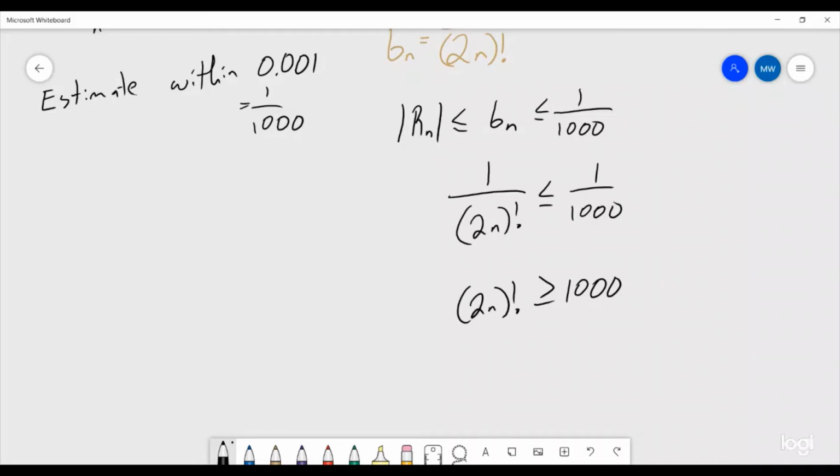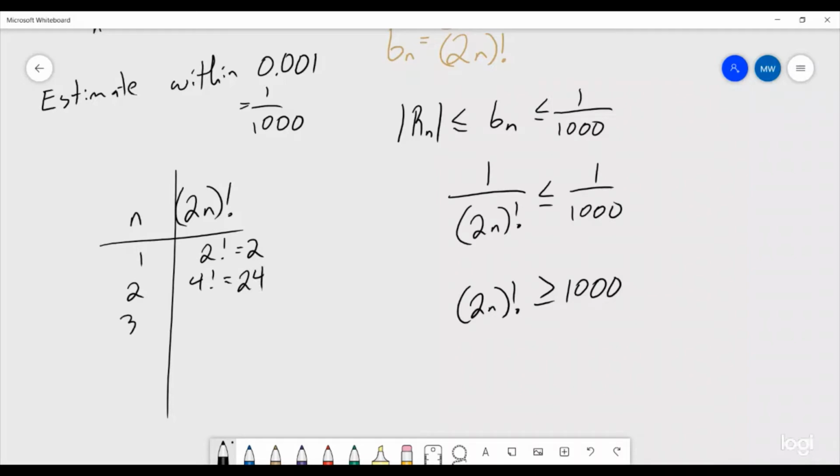So let's just figure out what 2n factorial is. When n is 1, that's 2 factorial equals 2. When n is 2, that's 4 factorial equals 1 times 2 times 3 times 4, that's 24. When n is 3, that's going to give us 6 factorial.